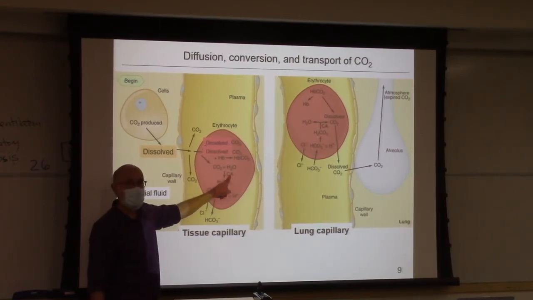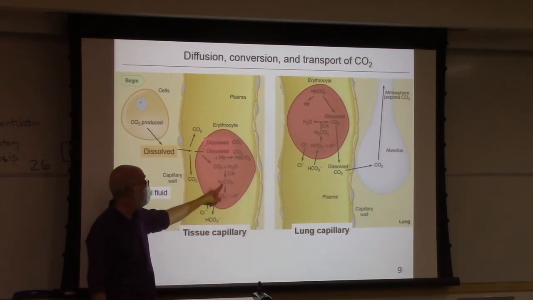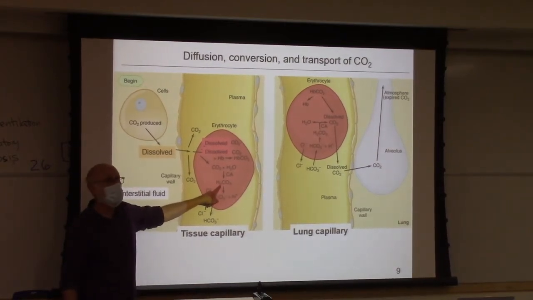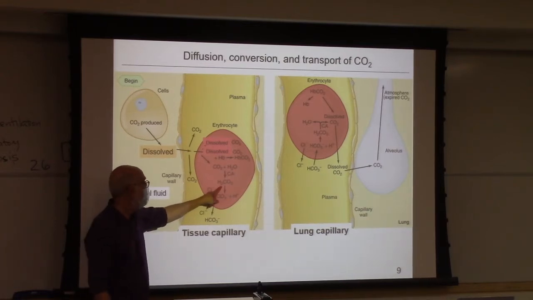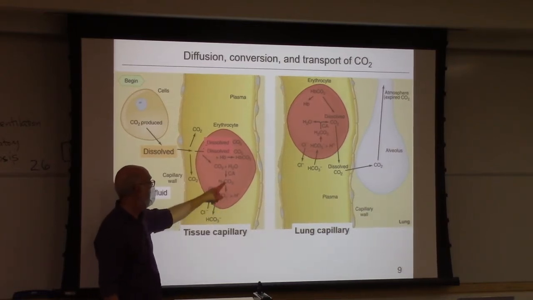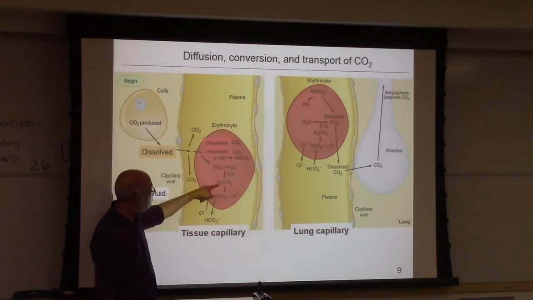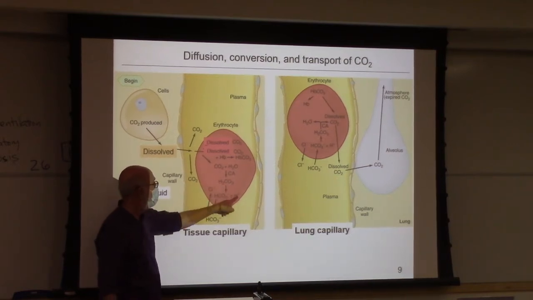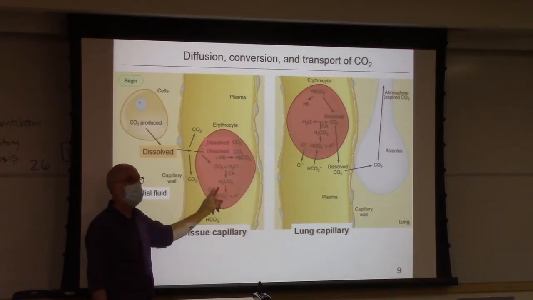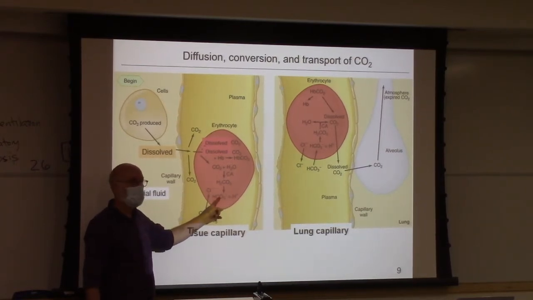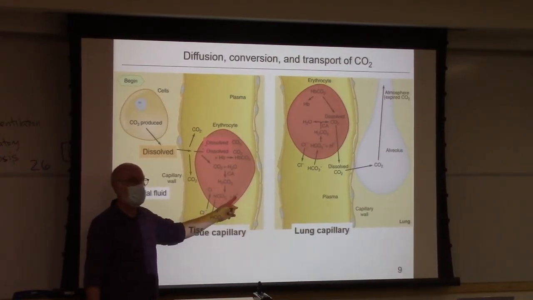This is an enzyme that catalyzes this step into carbonic acid. We've seen this before in an equation, but now I'm putting it into an anatomical perspective. Carbonic anhydrase, what is this arrow? Carbonic anhydrase does what to become bicarbonate and acid? Dissociation. Dissociates into bicarbonate ion and proton.